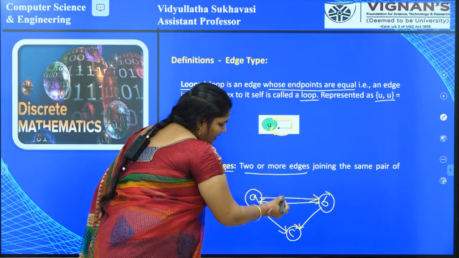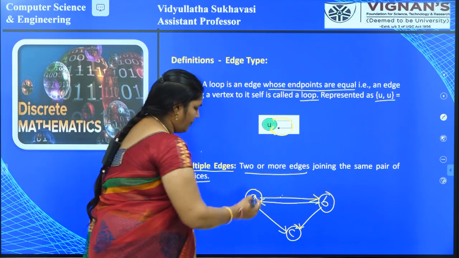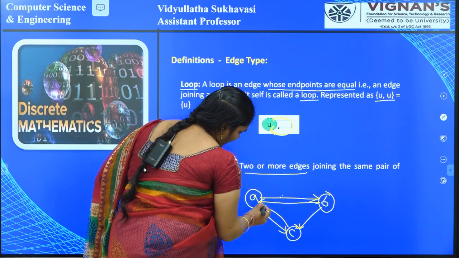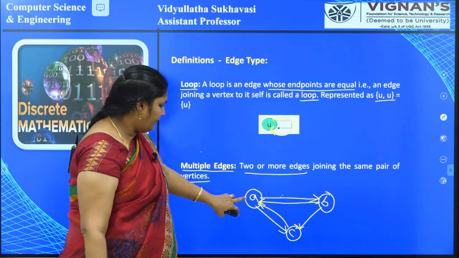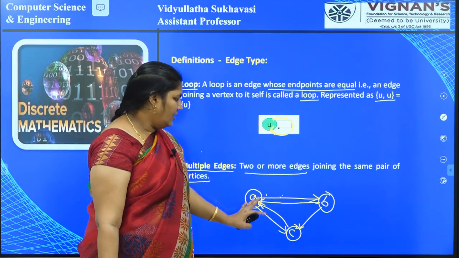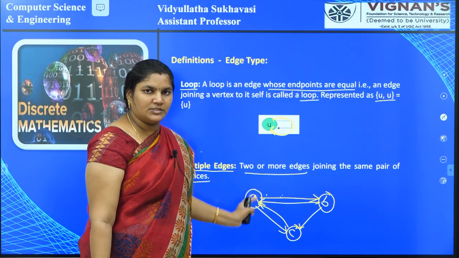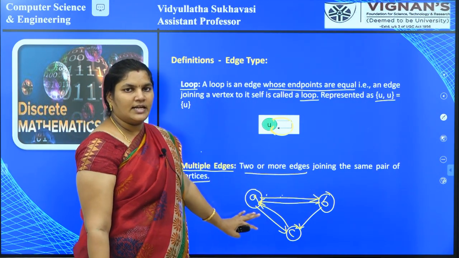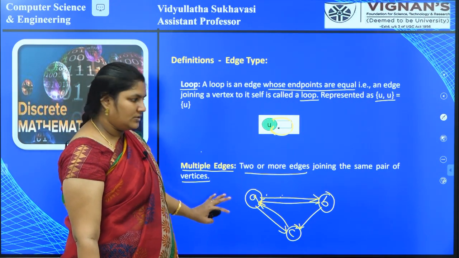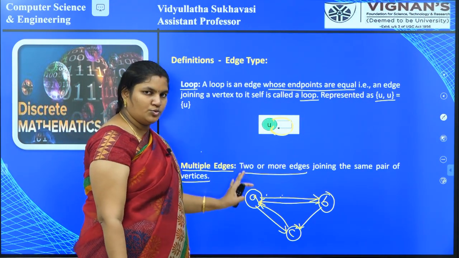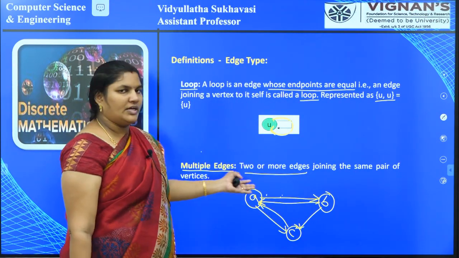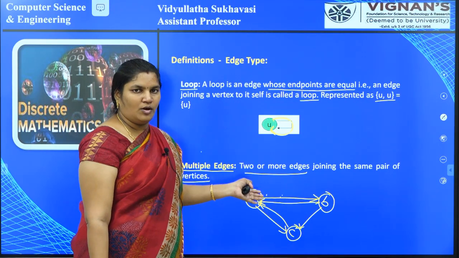Or suppose from C to A we also have an edge. So for A we have three edges there. Since there are multiple edges between two vertices, this is an example of how we represent multiple edges. Multiple edges means two or more edges joining the same pair of vertices.